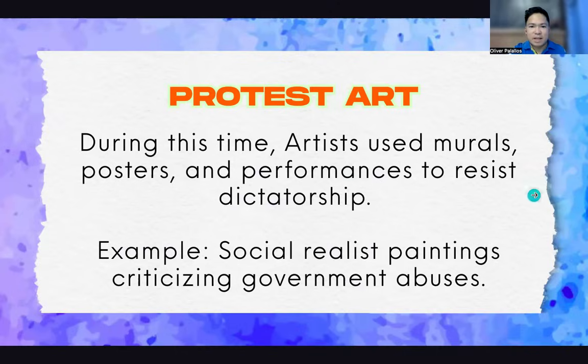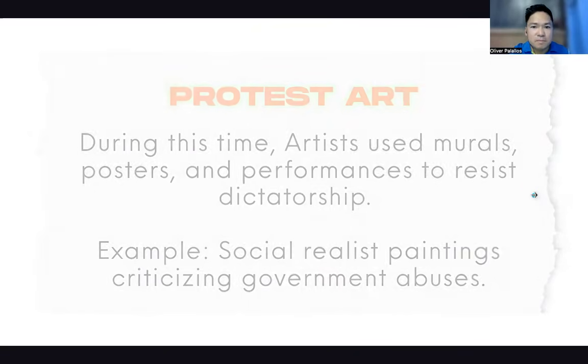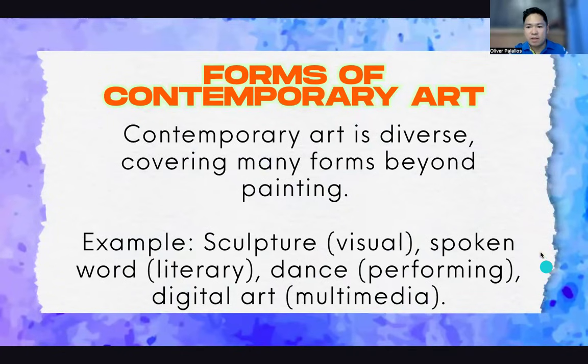Okay? Next would be forms of contemporary art. There are many forms of contemporary art. Should I say this is diverse and it covers many forms beyond painting. So like what I am always sharing in our discussion, contemporary arts are beyond painting, the traditional one.